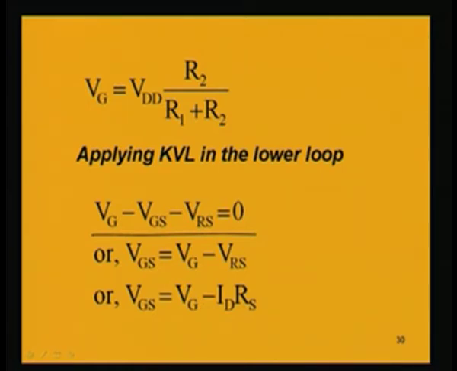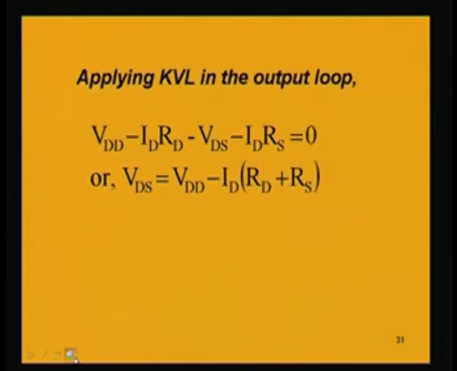Or we can simplify it further by writing VGS equal to VG minus VRS, or VGS equal to VG minus ID into RS. The drop across this RS is nothing but ID into RS.